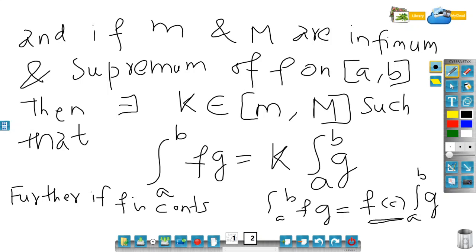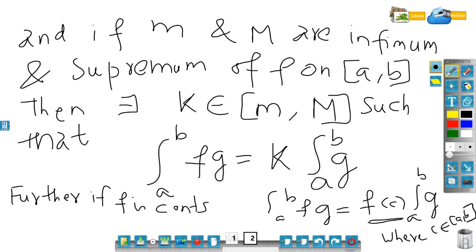Since f is continuous, by the intermediate value property, it will definitely take a value. Where does c belong? c belongs to the closed interval a, b. So if f is continuous, then there exists a c such that k is basically f at c.